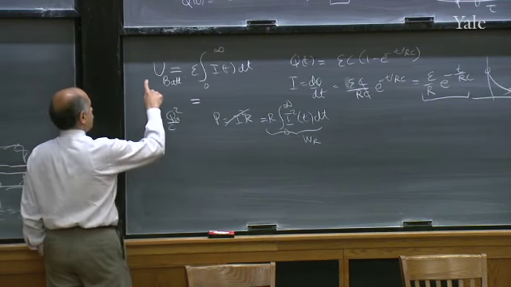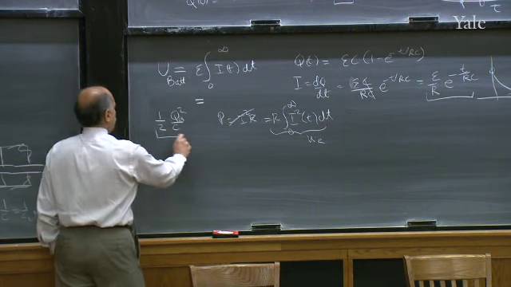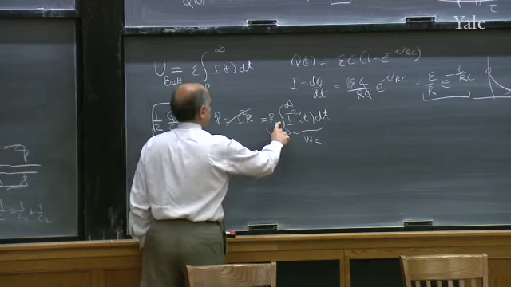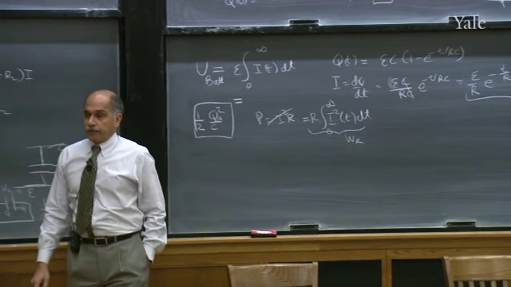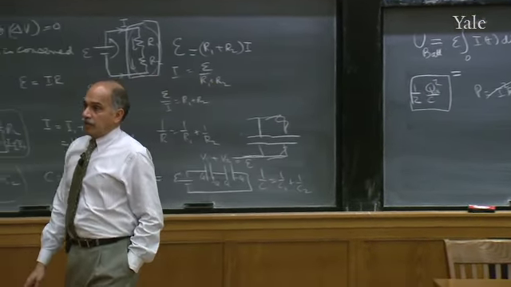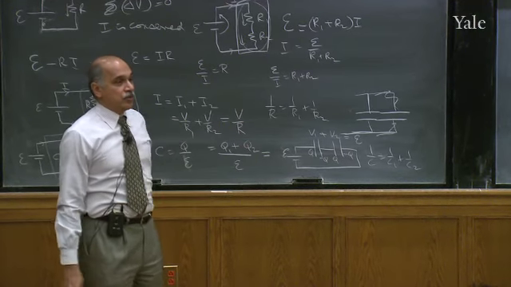You should make sure that this energy delivered by the battery is equal to what is stored in the capacitor plus what is dissipated in the resistor. That's your homework problem. That just means doing these integrals and making sure everything works out.